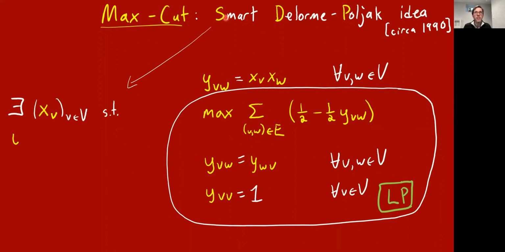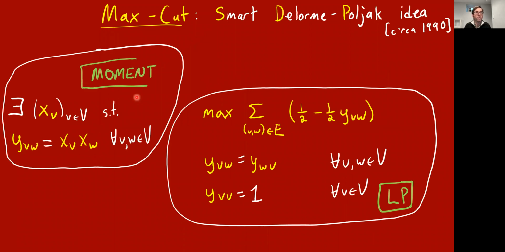Okay, so here's really the smart idea of Delorme and Poljak. It's going to say, let's take this LP, forget about this equation, but instead imagine that we put this LP together with this weird constraint. And the constraint is, given the y's, just that there should exist some real numbers xv such that yvw equals xv xw. Okay, so this is a weird constraint.